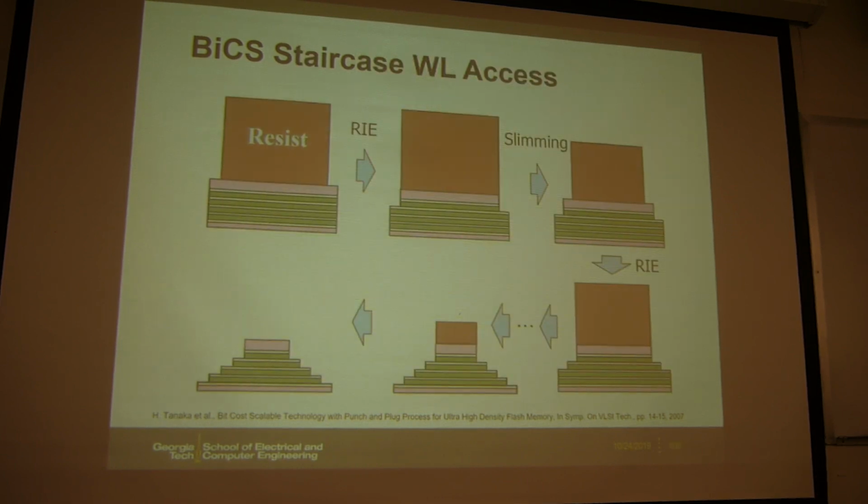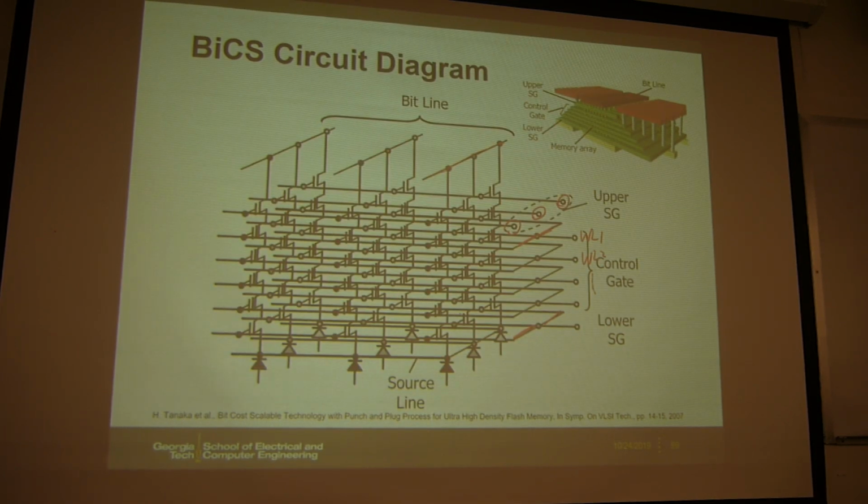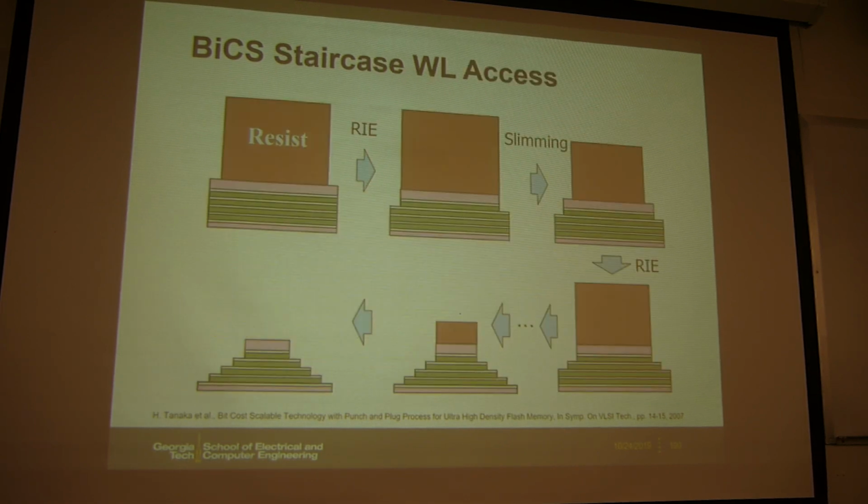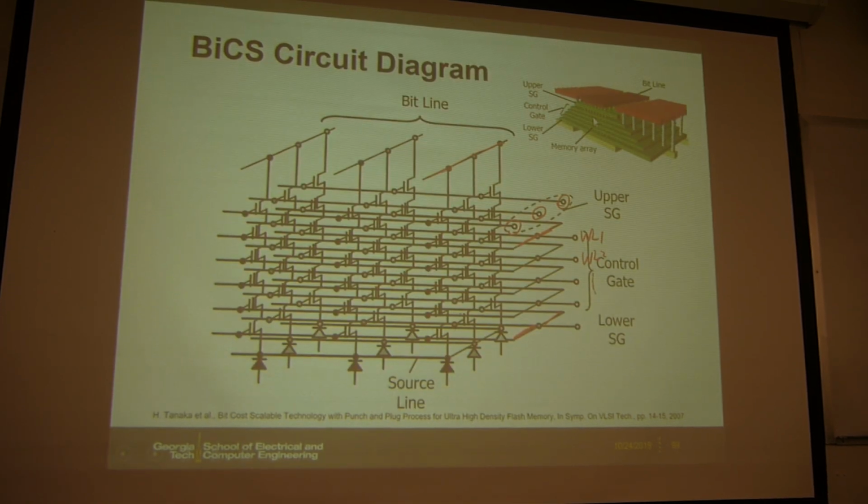Okay, so then let's look at how we do this staircase. This is for the word line contact. For this 3D vertical channel NAND, as we discussed, we want to save the number of lithography steps to save the cost.